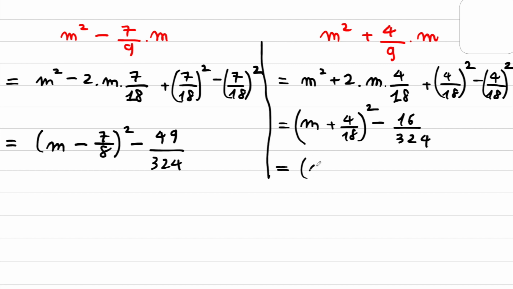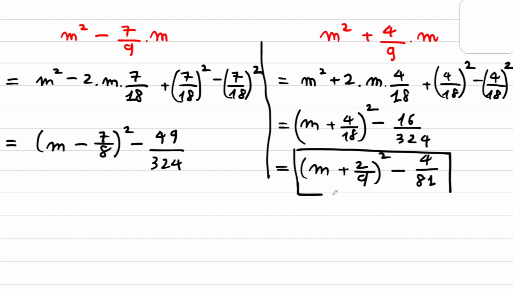And the next one we can simplify this, 2 over 9 plus m squared outside. And about this one, 16 over 324 is 4 over 81. This one is my final answer for question M.